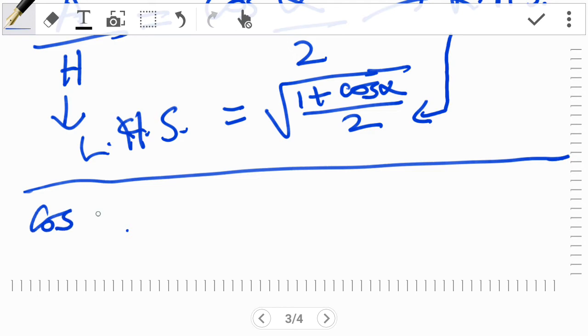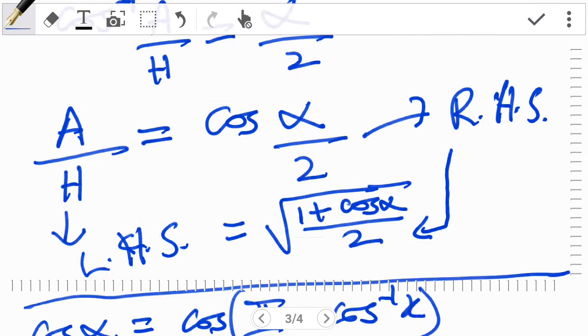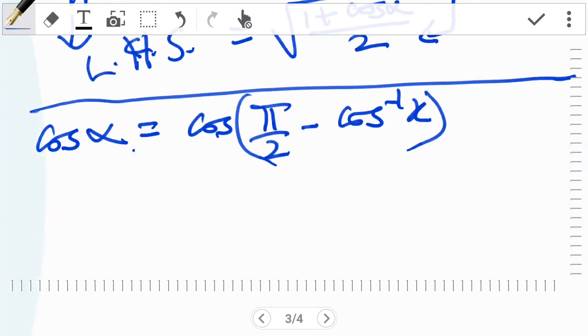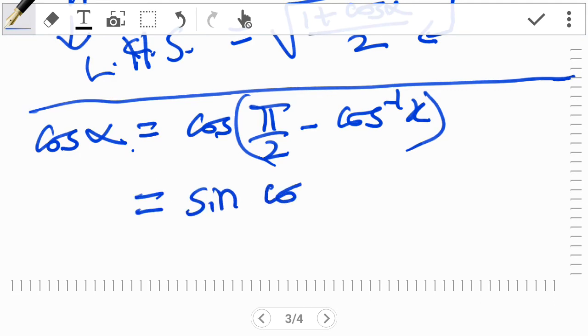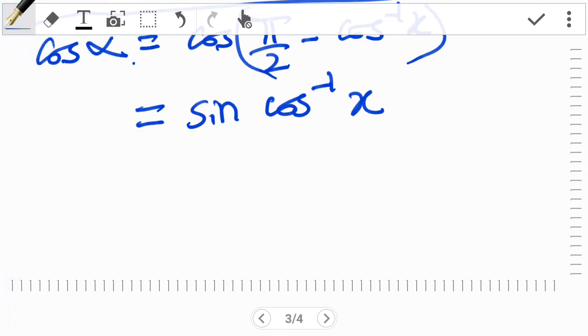So cos of alpha is what? It is cos of pi by 2 minus cos inverse x, since alpha is pi by 2 minus cos inverse x. So cos of alpha is equal to sine of cos inverse x, right? Because cos of pi by 2 minus theta is sine theta, correct? So now how do we calculate this?